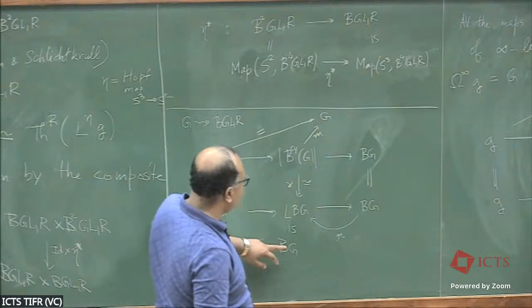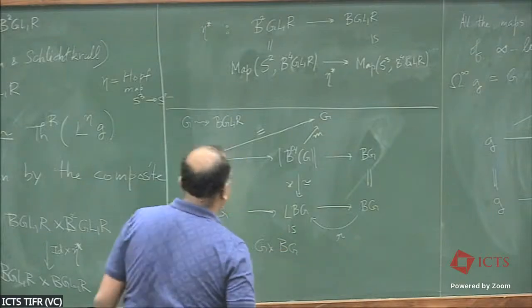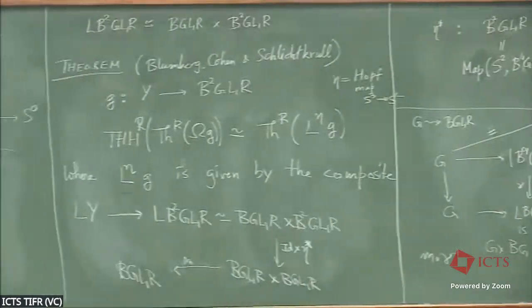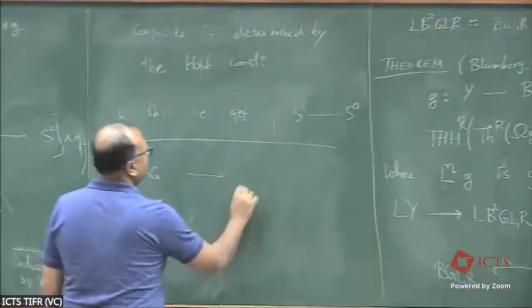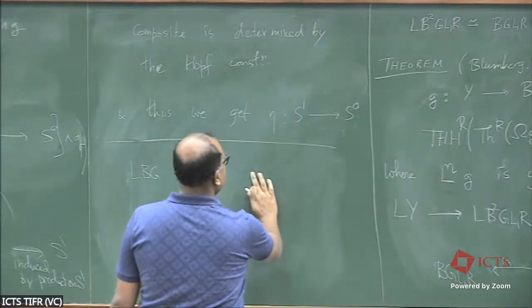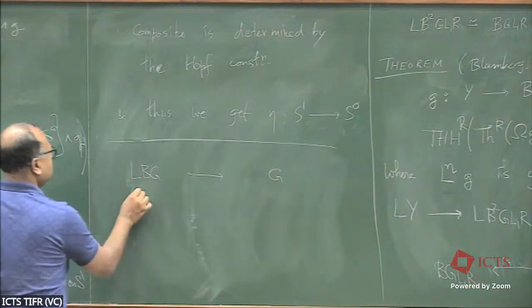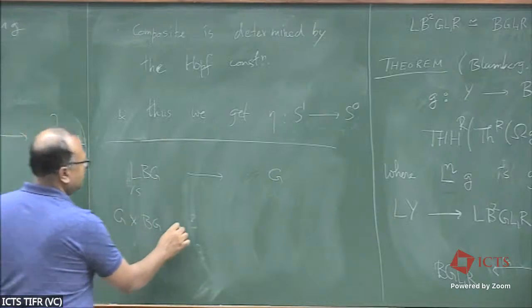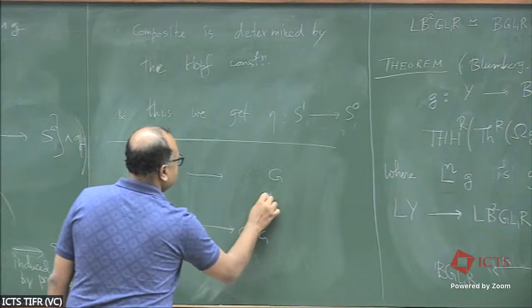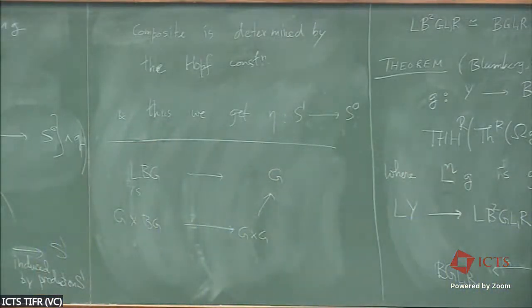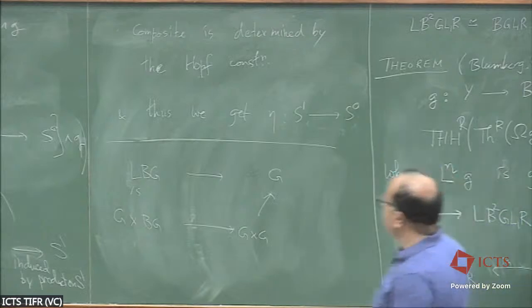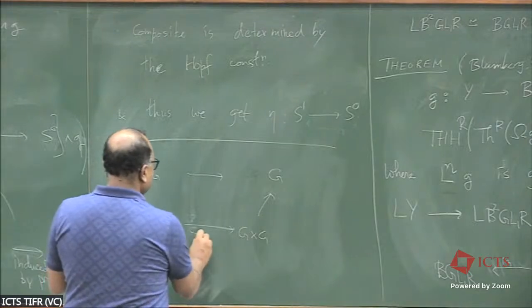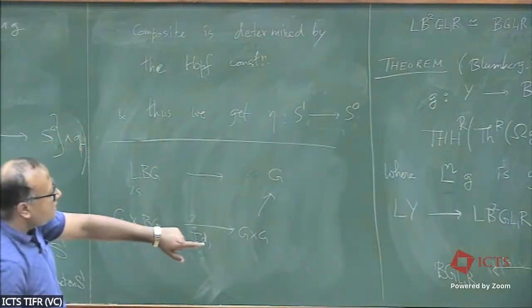So on the level of infinite loop spaces, we have LBG to G, and this is equivalent to G cross BG, and on infinite loop spaces this goes like this, because as spectra they map as wedges, wedge of identity and eta smash identity, and so the first factor is identity and the second factor is eta smash identity.